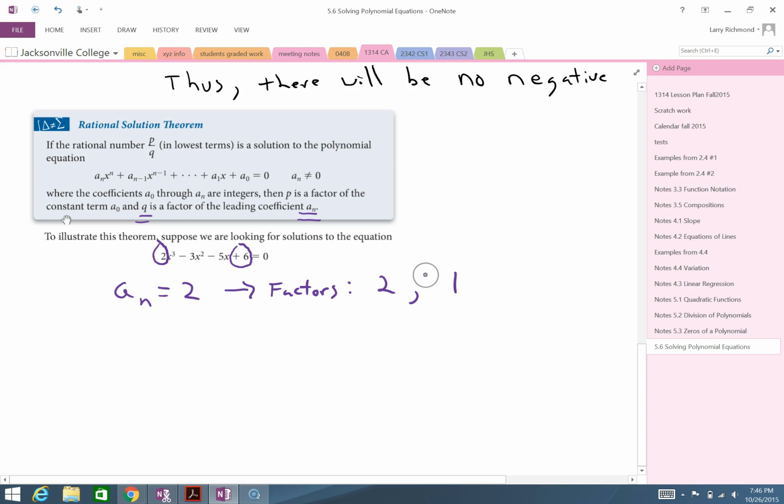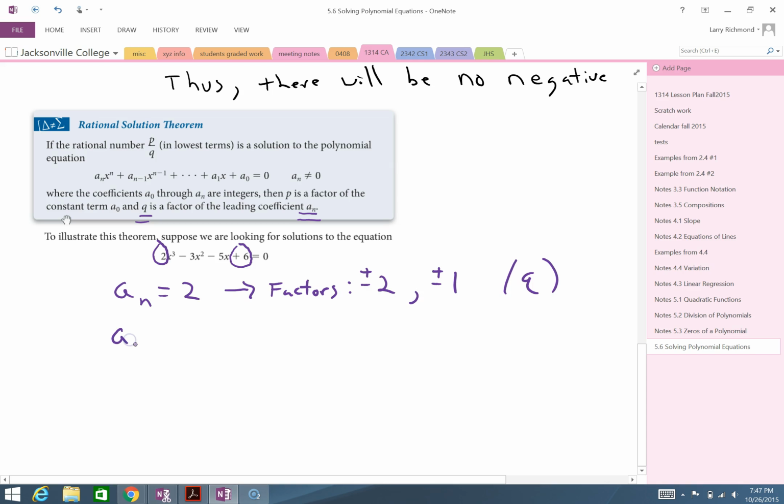Typically we only talk about the positive factors, but here it's going to be necessary to talk about the negative ones as well. So we'll say plus and minus 2, plus and minus 1. These are our values q. q is a factor of the leading coefficient a sub n. These are our possible q's: 2 and 1, plus and minus both of them.